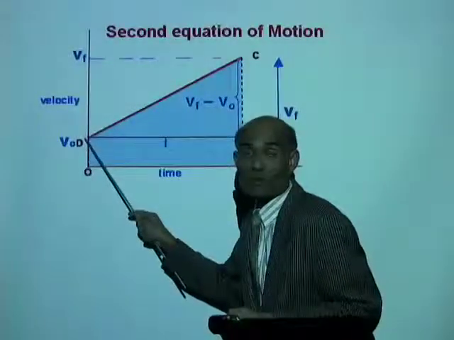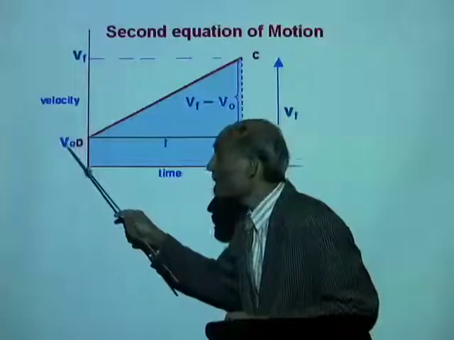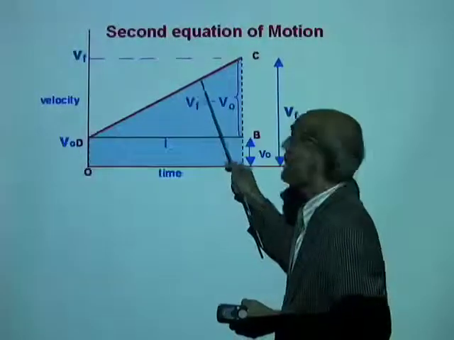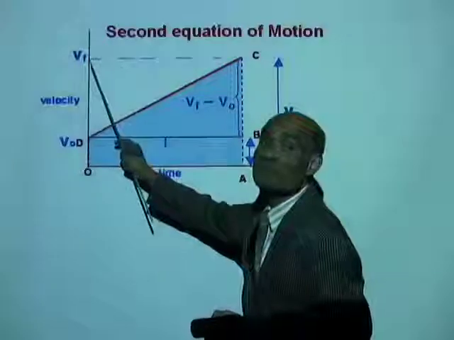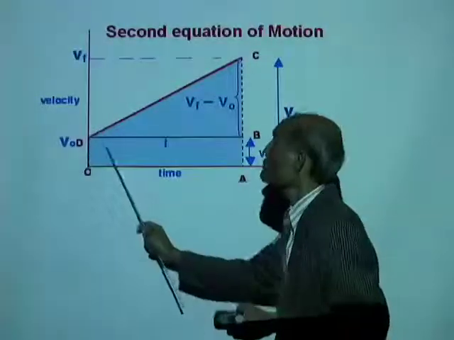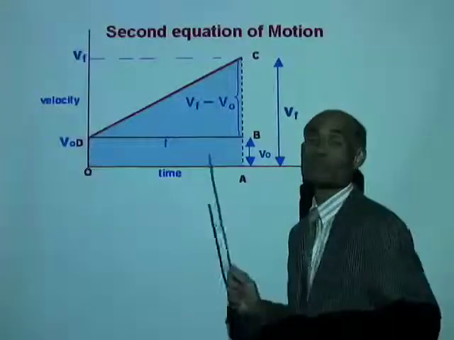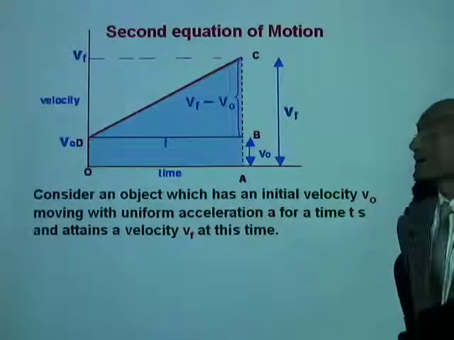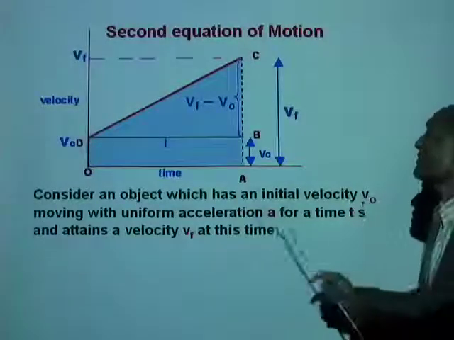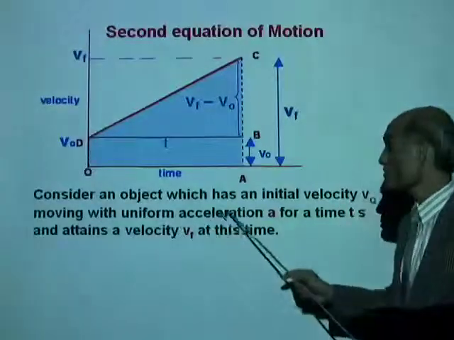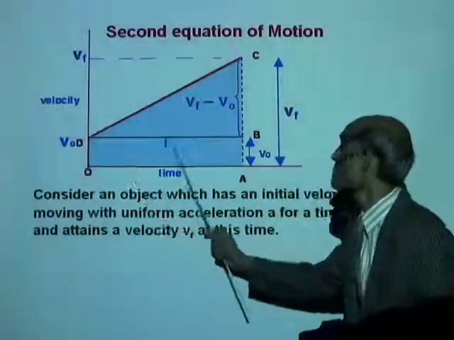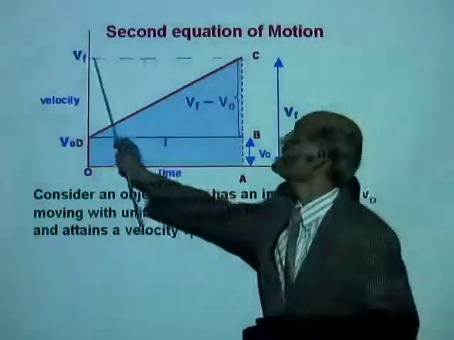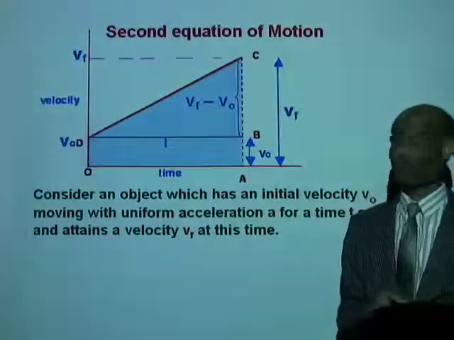You have a particle initially having a velocity V0 and it has a uniform acceleration and it has a final velocity Vf, and that happened during a time interval t. Now consider an object which has an initial velocity V0 moving with uniform acceleration a for a time period t seconds and attains a velocity Vf during that time.